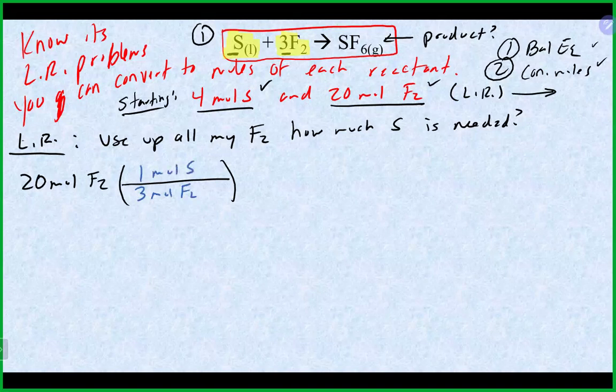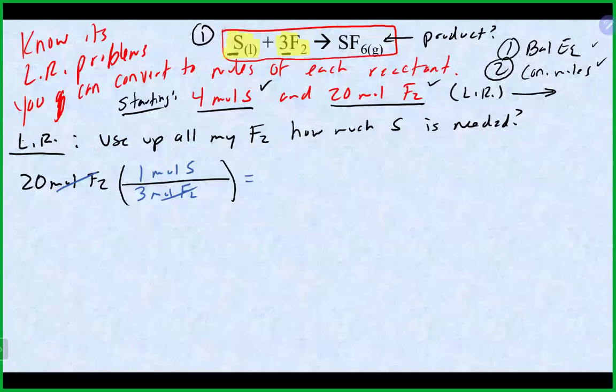That's just from the equation, just a simple little calculation here. I'm basically going to divide by 3. This means 6.67 moles of sulfur is needed. First off, any question on the calculation? So just really a calculation between the two reactants, very short little calculation.